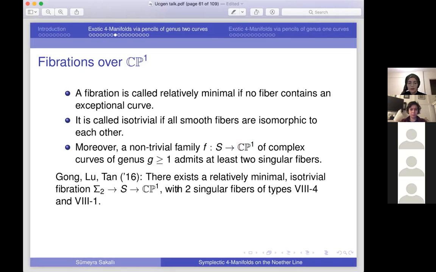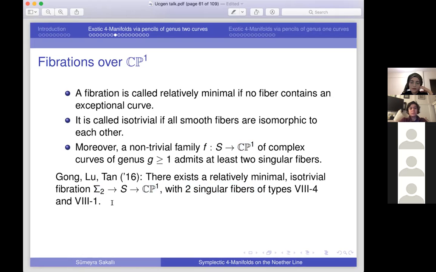And in fact, Gonglu and Tan studied such kind of vibrations, and they showed that there exists a relatively minimal and isotrivial vibration of complex curves of genus 2 over the two spheres, and they have exactly 2 singular fibers of types 8-4 and 8-1.